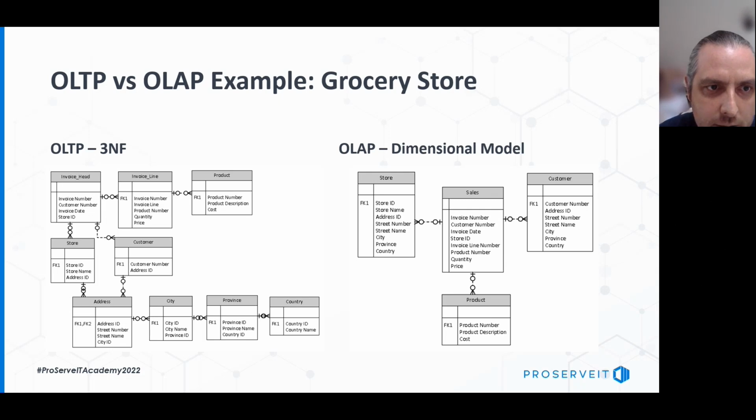From there, you're going to need to link from the invoice header out to the store table. Then you're going to need to join from the store to the address. Then you're going to need to join from the address to the city. And then from the city, you need to join to the province. So you're looking at 6 different table joins in order to see sales by city.